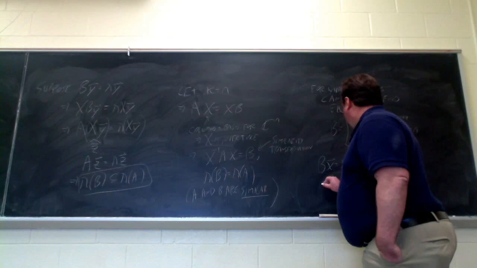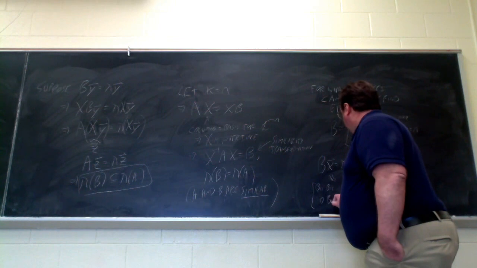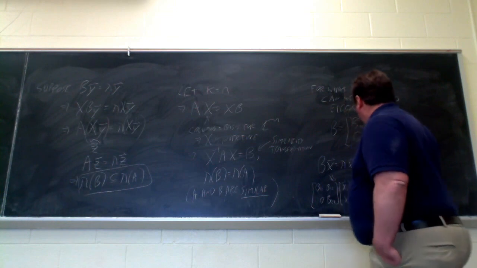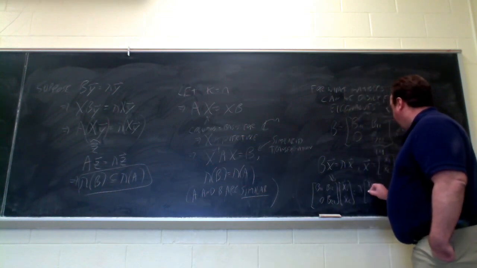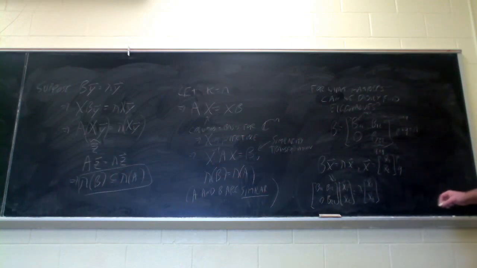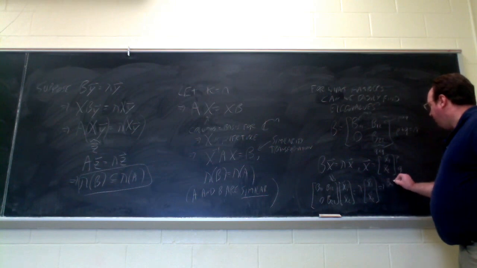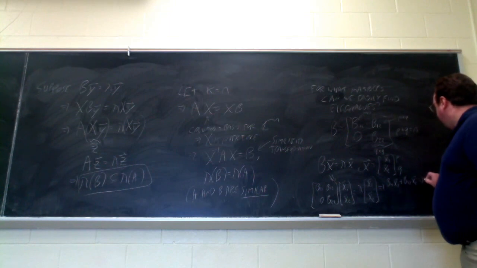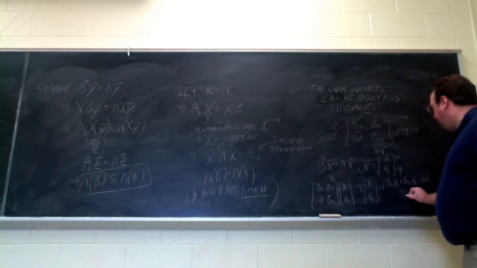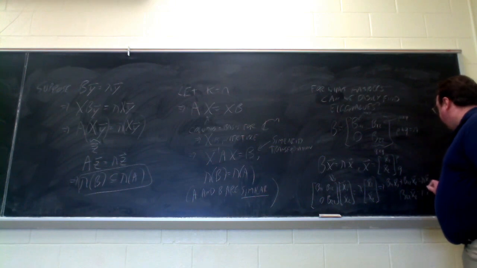So what I have is B11, B12, 0, B22 times x1, x2 is equal to λ times x1, x2. So if I carry out the matrix multiplication, I get B11x1 plus B12x2 is equal to λx1. And then for the second row, I get 0 times x1, and then B22x2 is λx2.